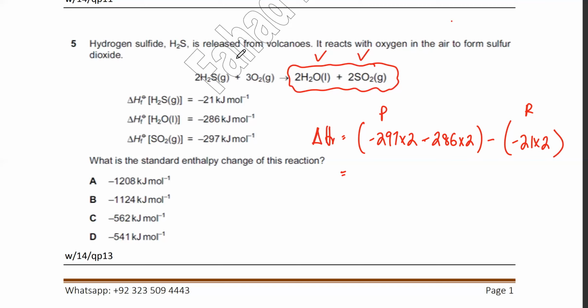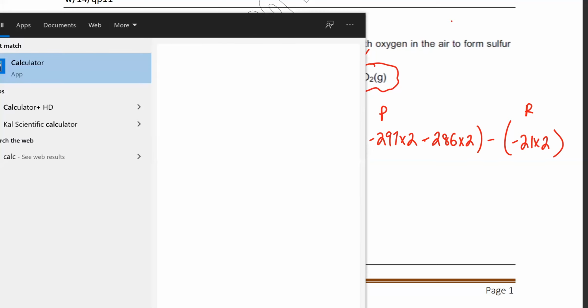Okay, so you're getting minus 12. You'll be getting 2 different values, so make sure you use your calculators properly.